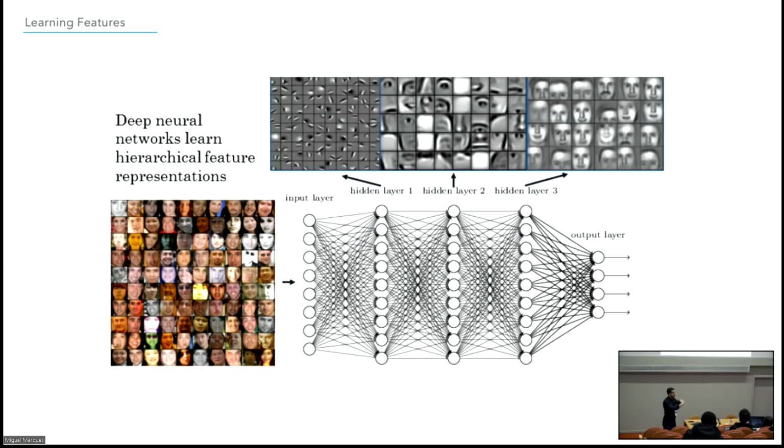The combination of these lines will be a more complex object. The combination of those will be a more complex pattern, and so on. So the final layers will be very specialized in detecting a very specific feature in the image.